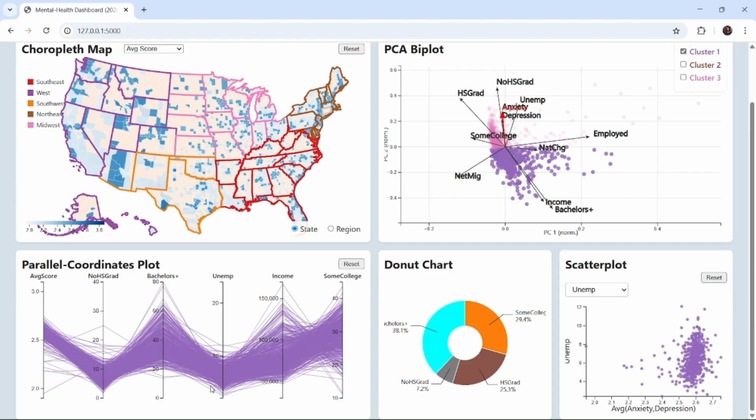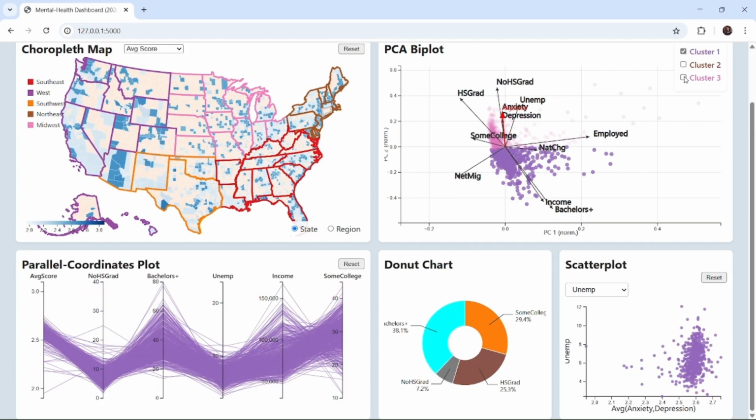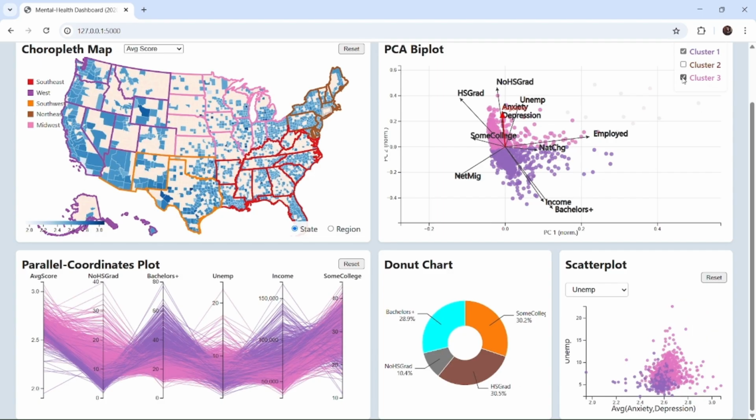Unemployment rate is pretty low. They have relatively higher income and they have some college degree, but college degree that doesn't really separate a lot between the two clusters. But all the other variables do show a significant difference between the clusters.